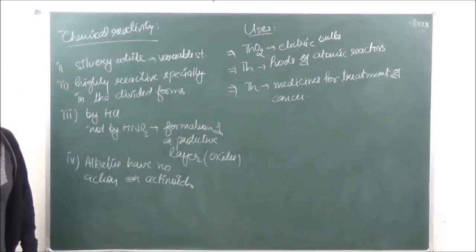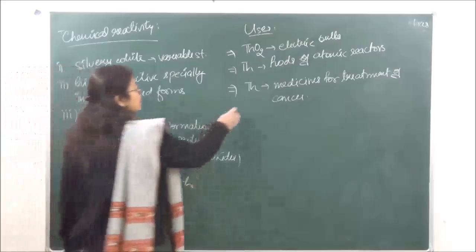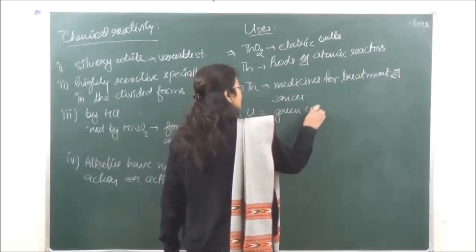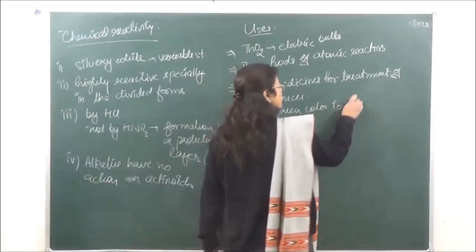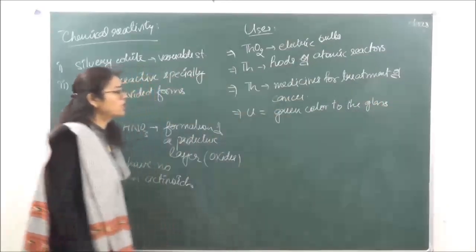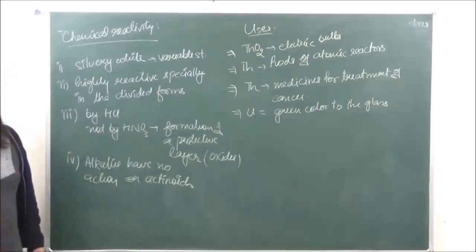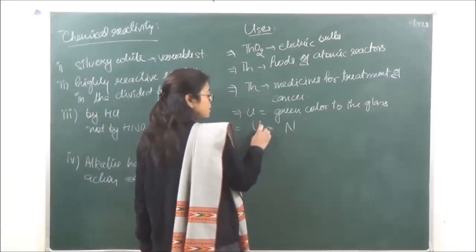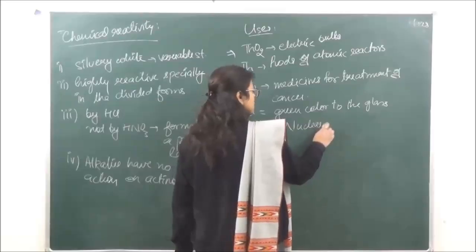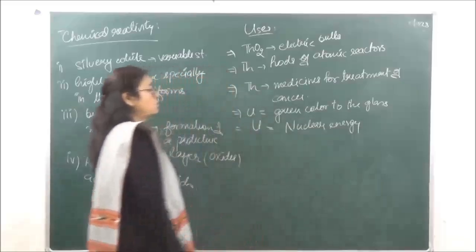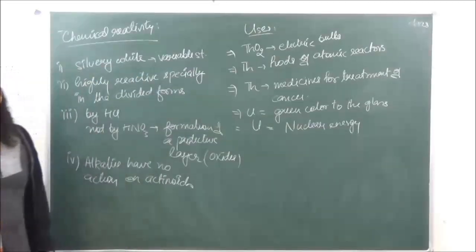Okay? Then after that, you know where uranium is used. Uranium is used to give green color to glass. So the green color which we have on the glasses of certain buildings is because of uranium. Then uranium is also used in the production of nuclear energy.